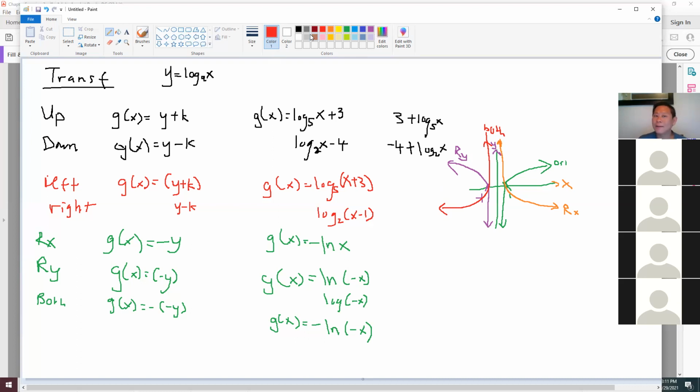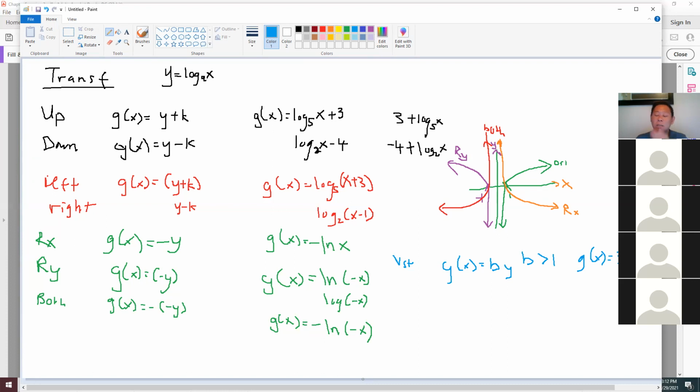You guys all right? Very similar. And then we got the vertical stretch and vertical shrink. This is where you multiply the y by a number, let's say b, and this b has to be greater than 1. For example, 3 log x.